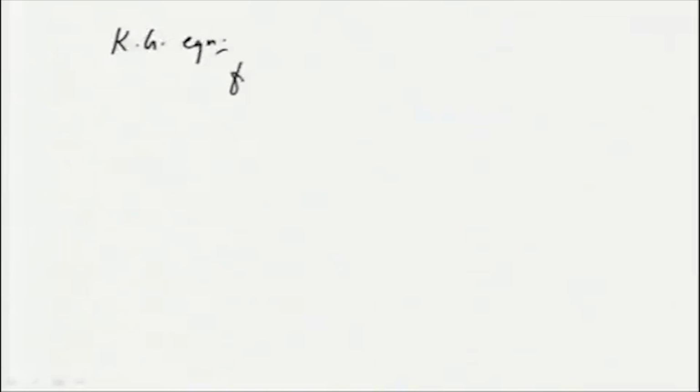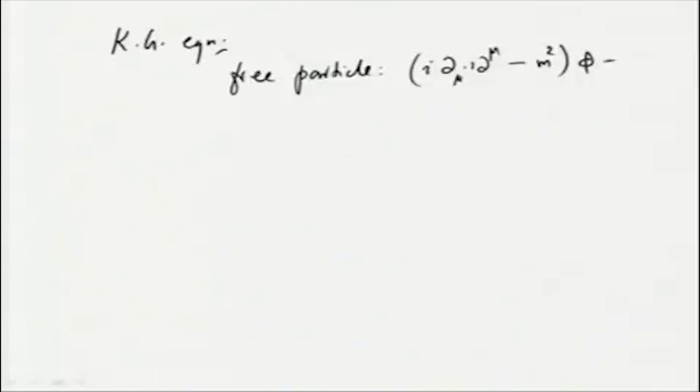For a free particle, the Klein-Gordon equation is (P squared minus m squared) phi equal to 0, where P is i del mu. This gives (P squared plus m squared) phi equal to 0.